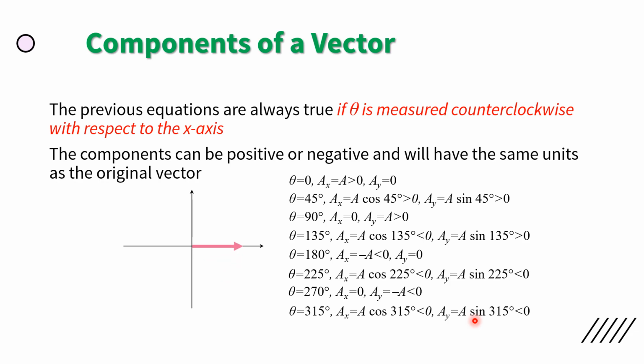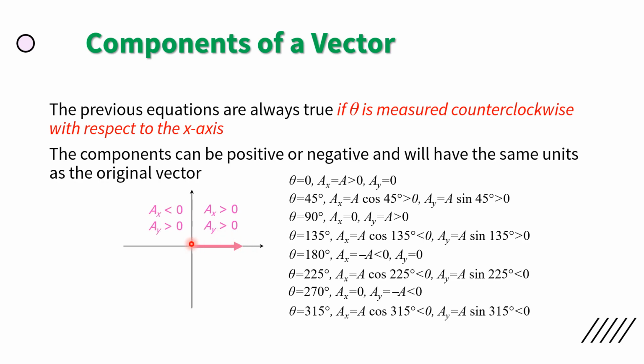Okay, so notice that in the first quadrant, which means theta equals 0 to 90 degrees, both the x and y components of your vector are positive.